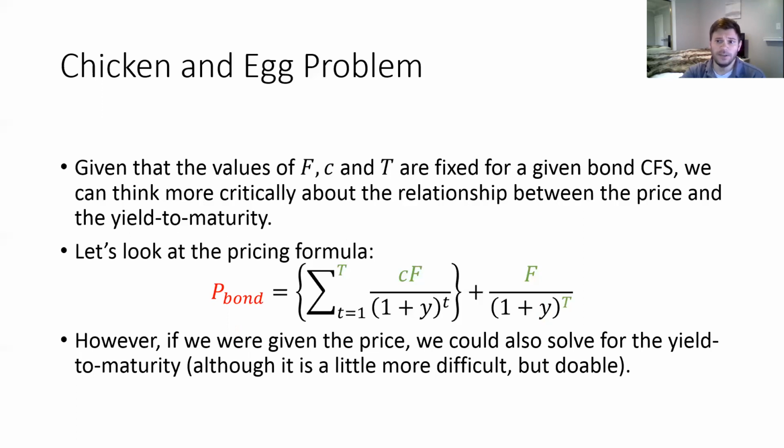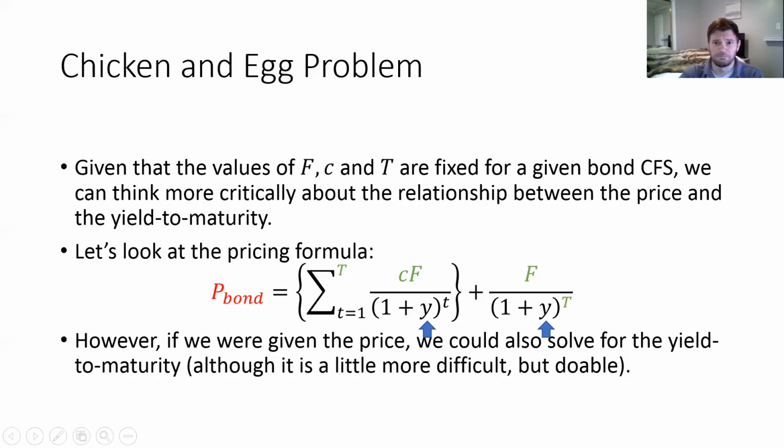I give you P. Now you can use this equation to solve for Y. Typically, you would need a computer or a calculator to do this if it was more than, let's say, 2 periods, where you could just have a quadratic expression and use the quadratic formula. But this can be done. So we're kind of in a weird situation where we're thinking about this chicken and egg problem.